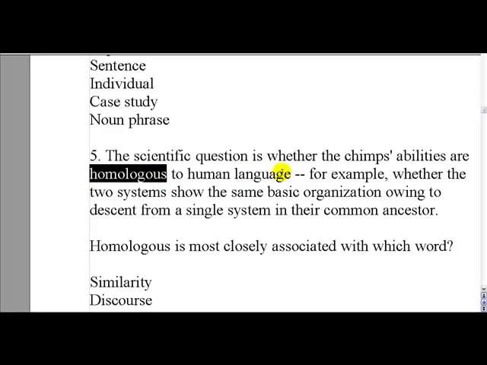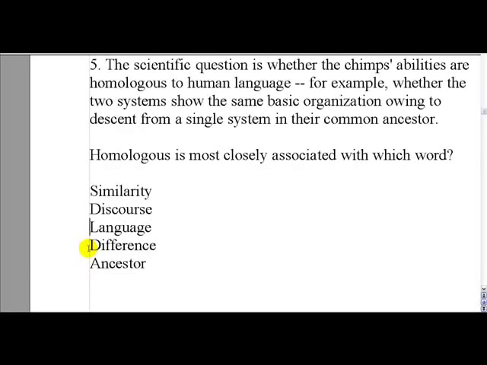This is, for example, whether the two systems show the same. Again, there is your definition. Your definition is contained within this idea of for example. So homologous is most closely associated with which word? You have similarity, discourse, language difference, or ancestor. Your best answer here is similarity.